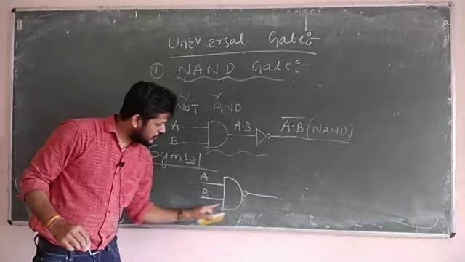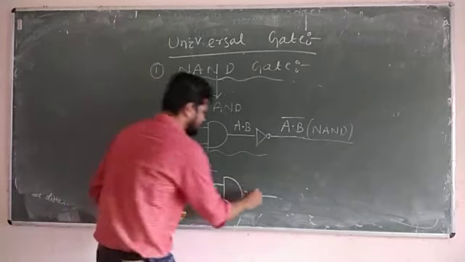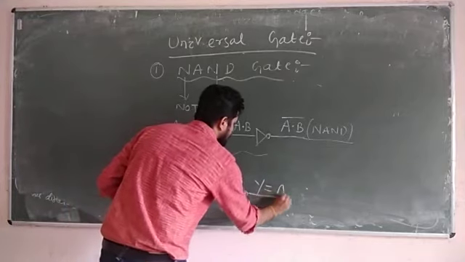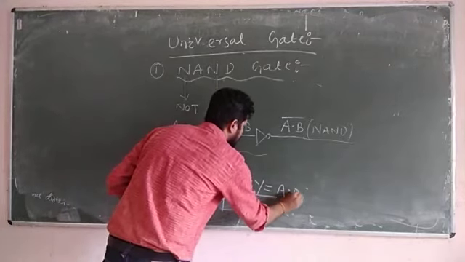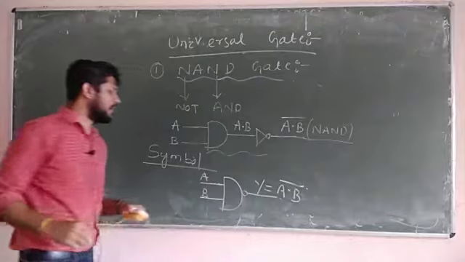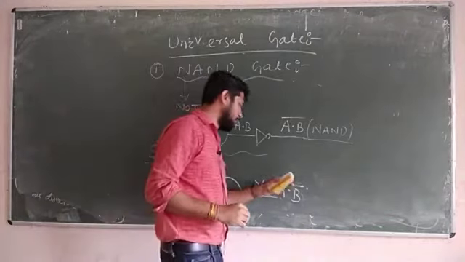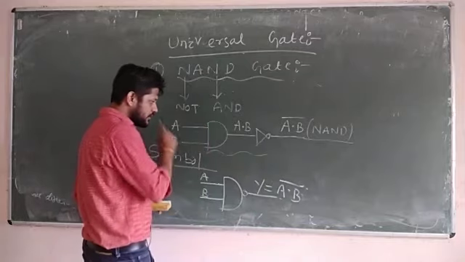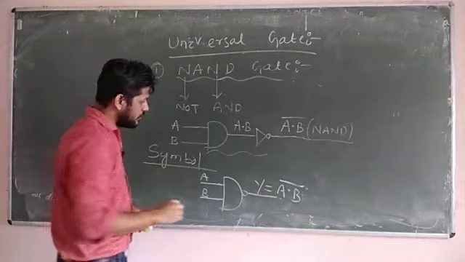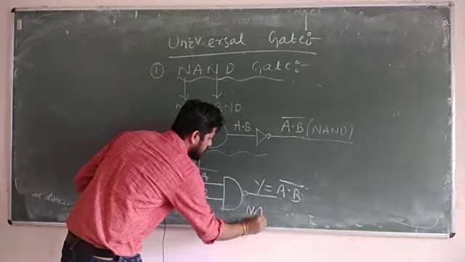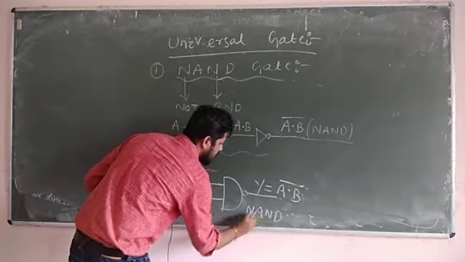This is the symbol for your NAND gate. So, Y is equal to what is the output of this gate? Output will be Y equal to A and B whole complement. This is the symbol for your NAND gate. You need to remember this.